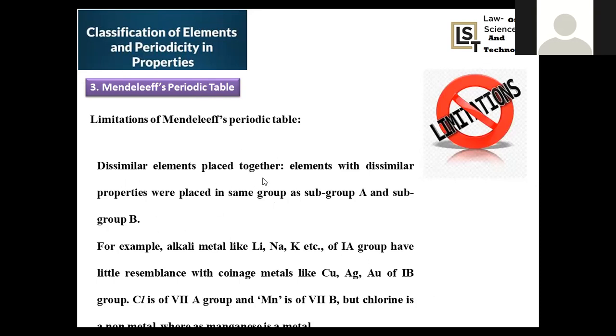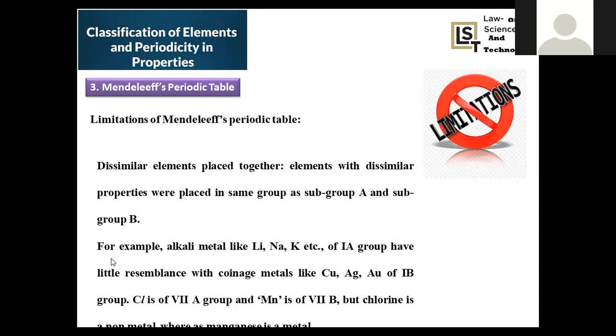Dissimilar elements were placed together. In a single group, his statement was that all elements placed in a group have equal properties or resemblance in their properties. But there is a contradictory condition we observed for a few elements. Elements with dissimilar properties were placed in the same group or subgroup.